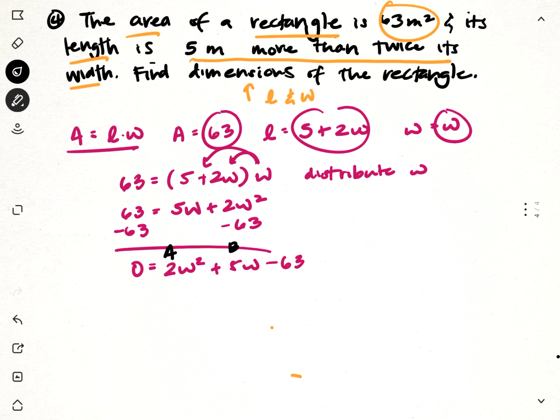Our a is 2, our b is 5, our c is negative 63. So let's do a times c, which is negative 126. Our b is 5. The next step is we're looking at what multiplies to get negative 126 and adds to get 5.